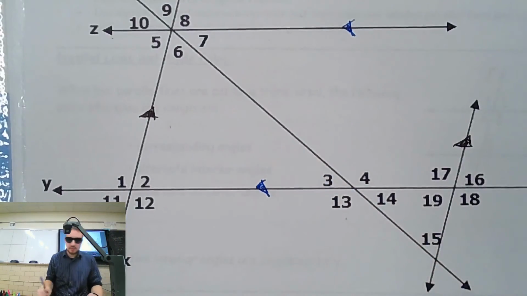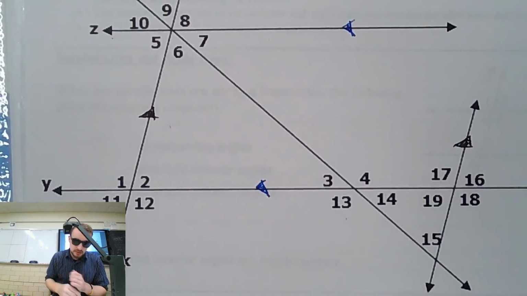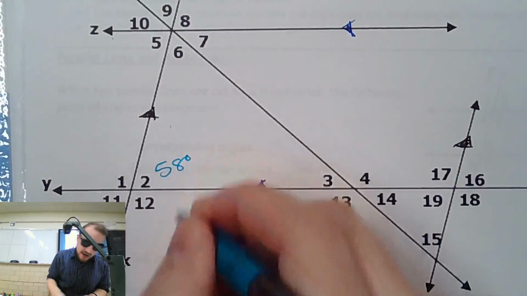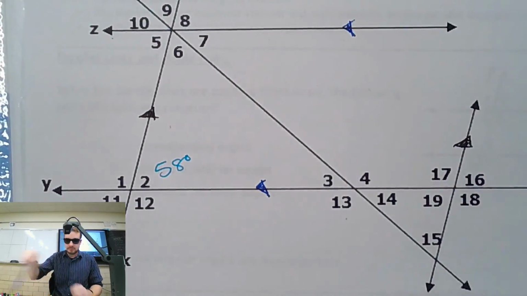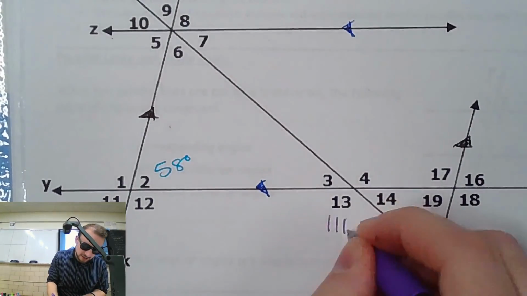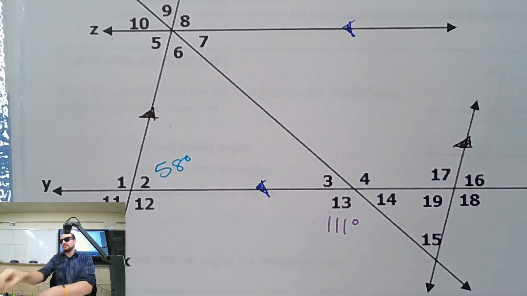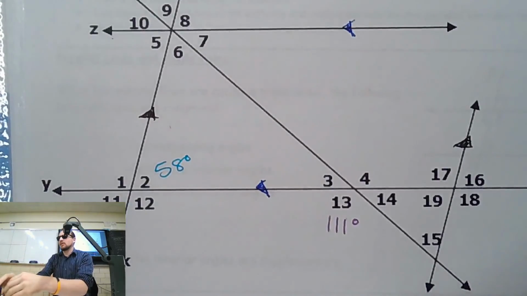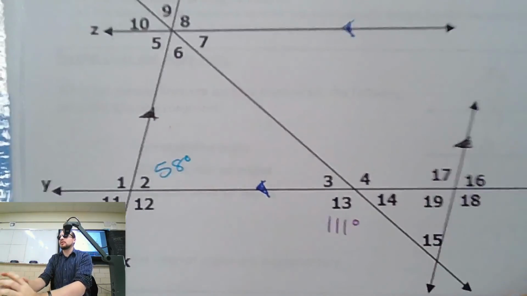So the ones that look like they're parallel are. They tell you angle 2 is 58 degrees, which is a little chilly. And they tell you 13 is 111. Best of luck. Find all the missing angle measures. Be ready to explain how you did it when you get here tomorrow. No need to write it down, though. See you later.